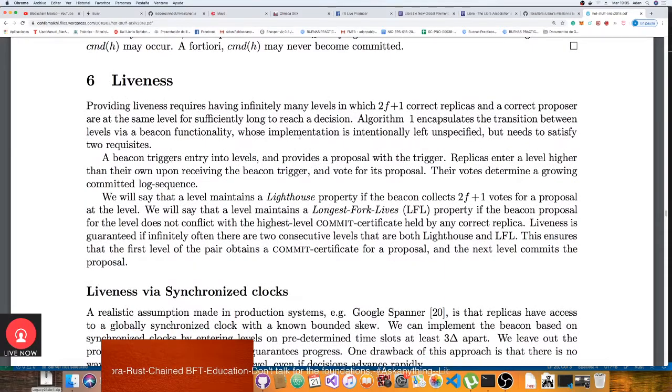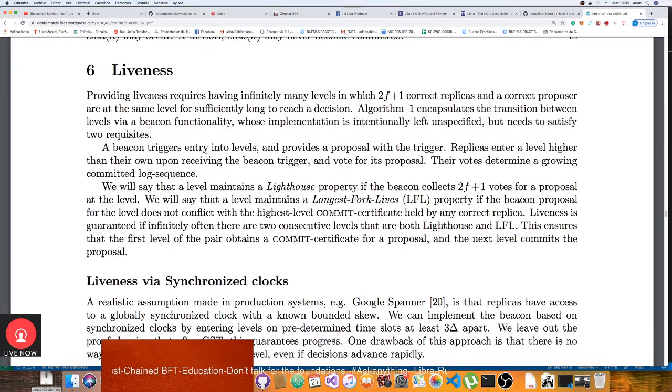The two requisites are: the beacon triggers entry into levels and provides a proposal with the trigger, and replicas enter a level higher than their own upon receiving the beacon trigger and vote for its proposal. Their votes determine a growing committed log sequence.